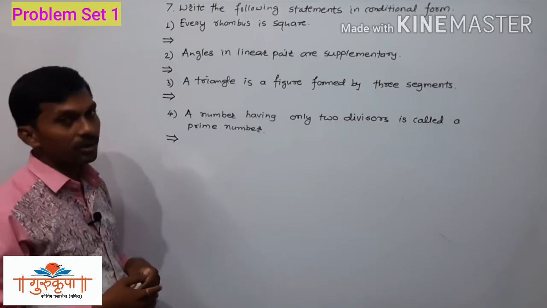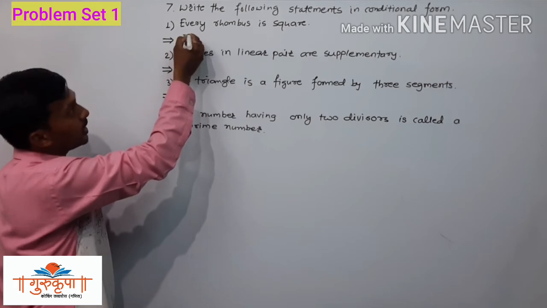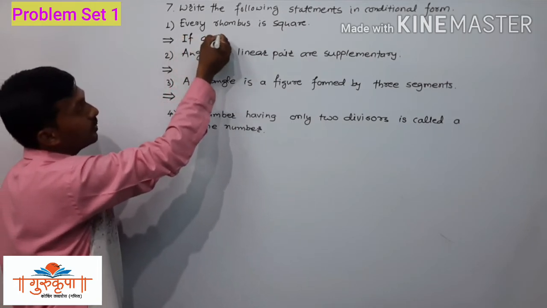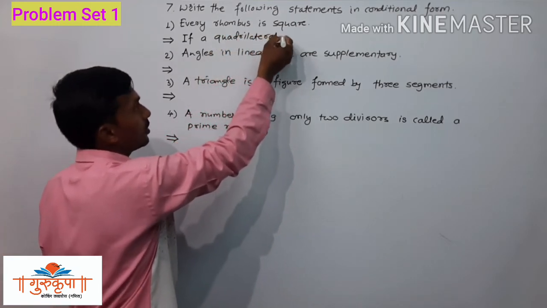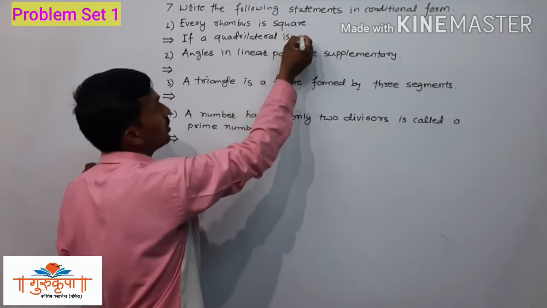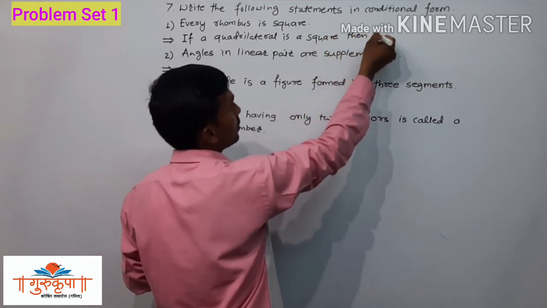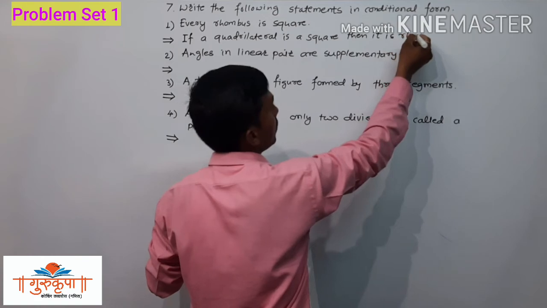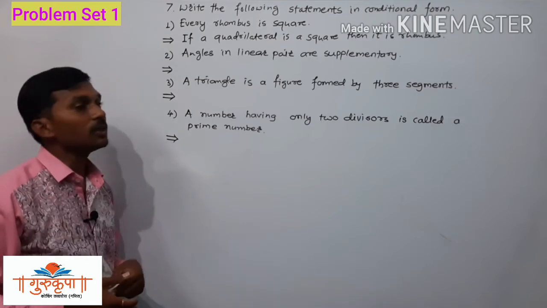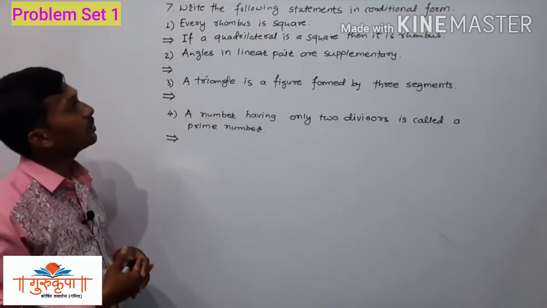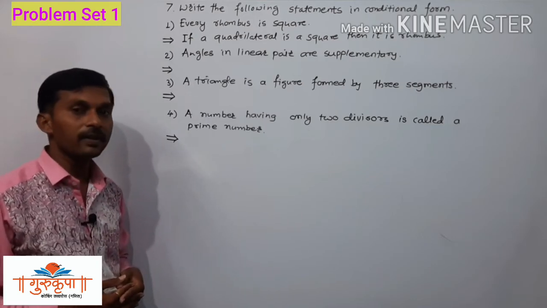So while writing the conditional statement, we have to write like this: if a quadrilateral is a square, then it is a rhombus. That is the first statement which we converted into the if-then form.